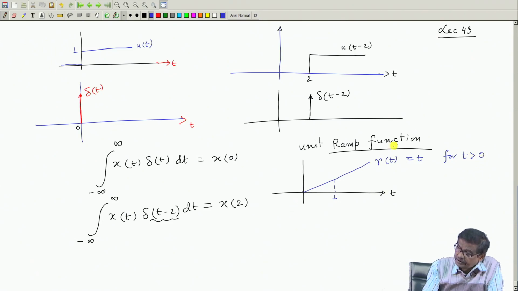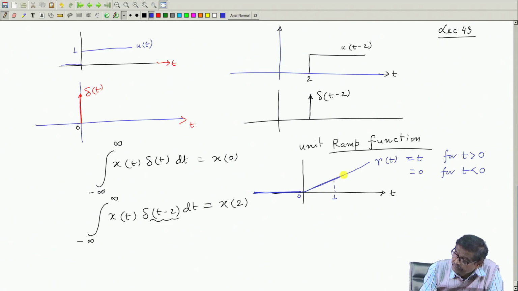So, it is a 45 degree line, and it is equal to 0 for t less than 0, that is, the value of the function is 0 for t less than 0, the blue colored part, then it ramps up as time passes. These two things combined are called a ramp function.